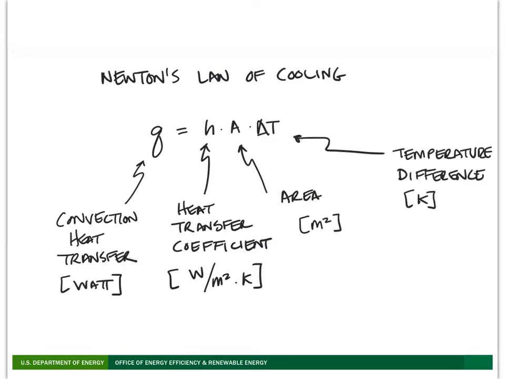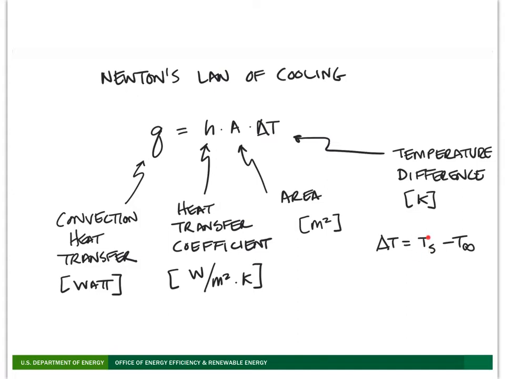The last term is the temperature difference. This can be in any units of temperature, but we like to use Kelvin in the metric system or Fahrenheit in the English system. Often, for a convection system, the temperature difference is just the difference between the surface temperature and the temperature of the fluid.